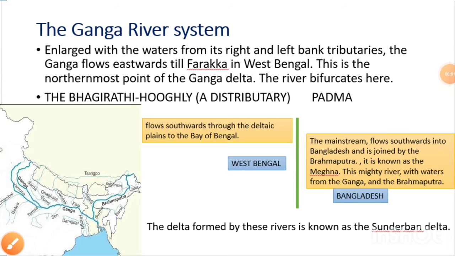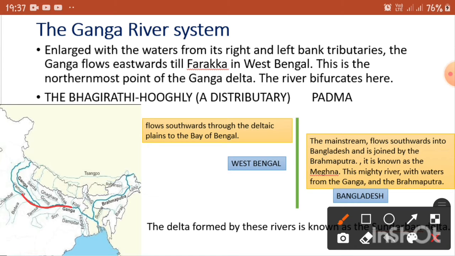Lastly, enlarged with the water from its right bank and left bank tributaries, the Ganga flows eastward till Farakka in West Bengal, and this is the northernmost point of the Ganga Delta.